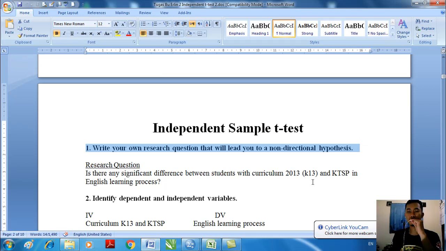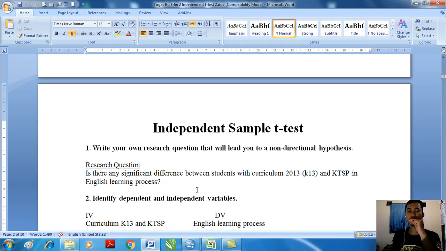First is the research question. This is my research question: Is there any significant difference between students with curriculum 2013 and KTSP in English learning process?